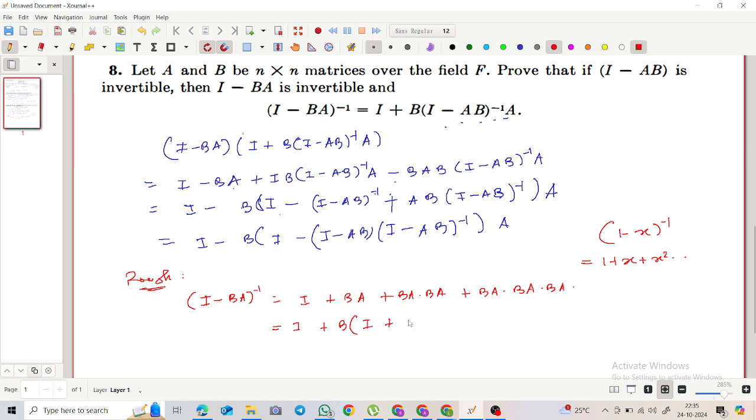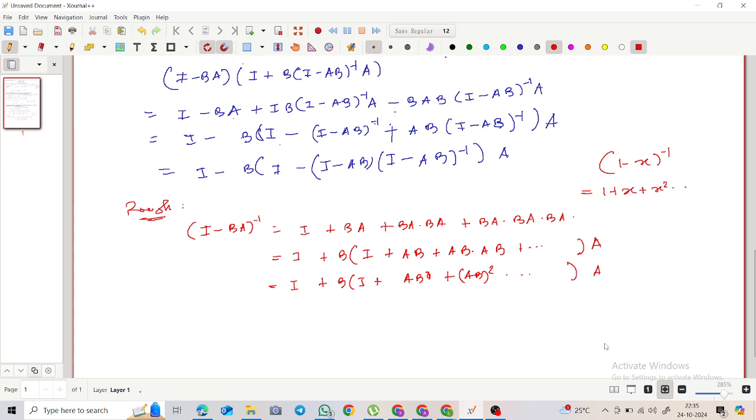So this will be B, I plus AB plus AB square, A. Okay, so this is the thing, but the term inside is again I minus AB inverse, no?